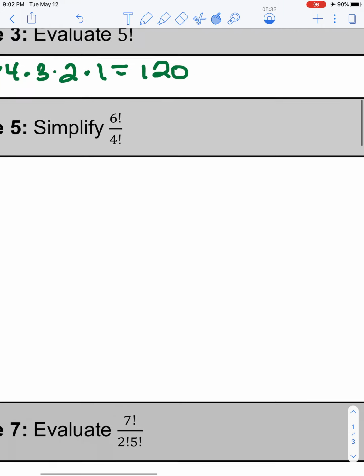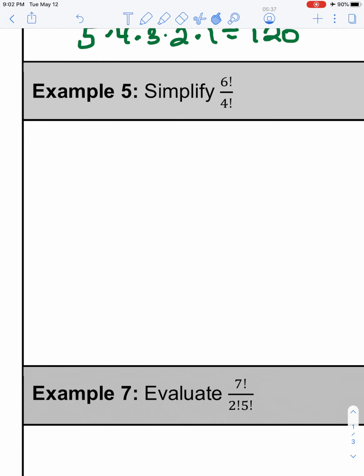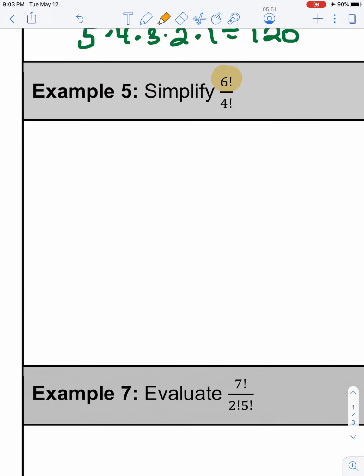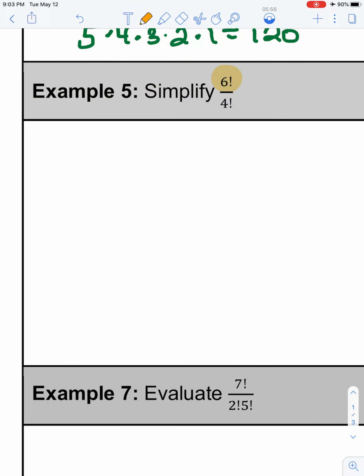In example 5, we have the quotient of 2 factorials. Here I think it's really helpful, especially as you're just starting to get used to this idea, to write out each factorial, to write out each product. So 6 factorial, hopefully we're comfortable with saying, is 6 times 5 times 4 times 3 times 2 times 1.